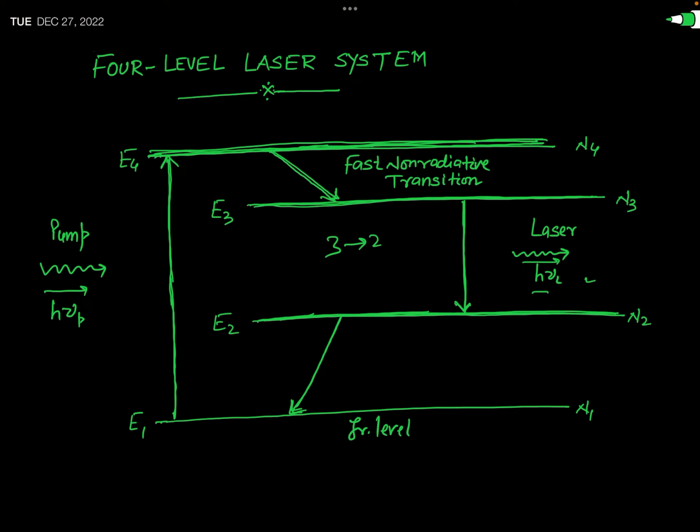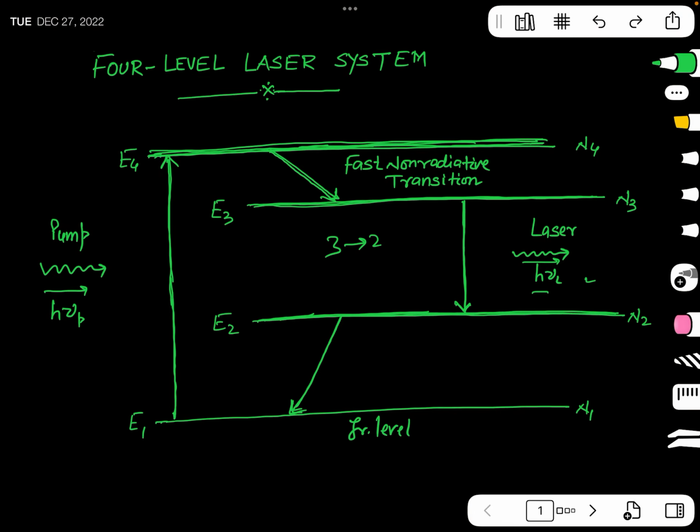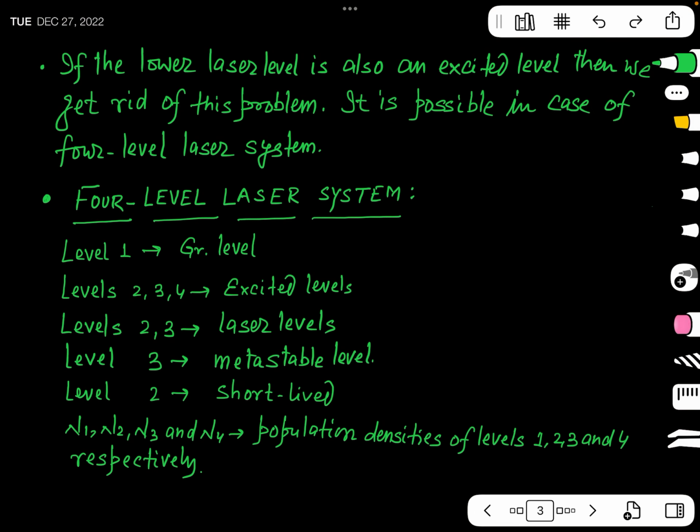Now our aim is to write the rate equations for the different energy levels, and by solving those equations we can find the condition for achieving population inversion for the transition between level 3 and level 2. So one by one we will write the rate equations for all these 4 energy levels.